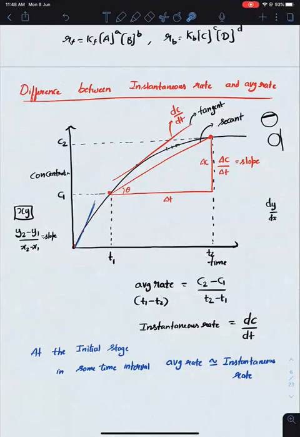Hence, you can approximate the average rate as equal to the instantaneous rate. For any given reaction, in a small interval of time at the start of the reaction, average rate and instantaneous rate will be the same.